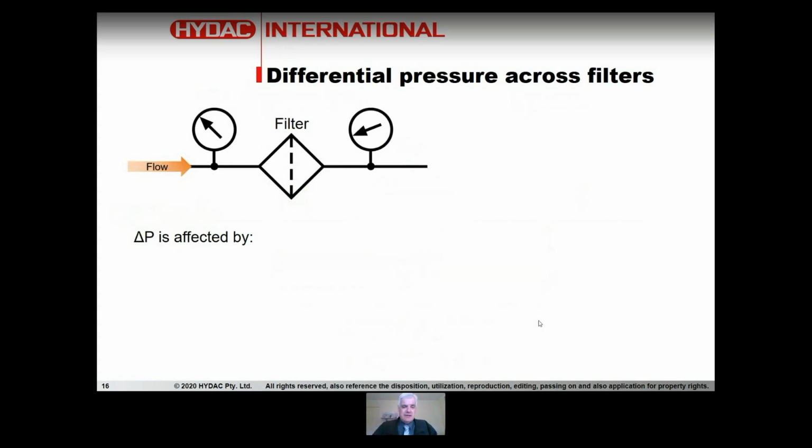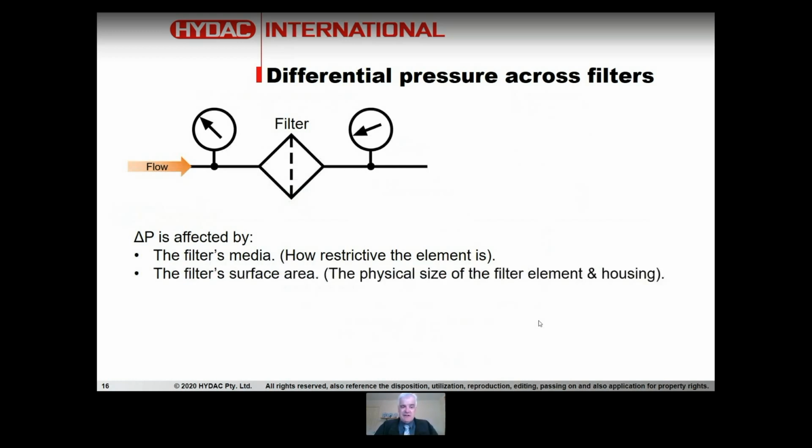So delta P, or pressure drop, is affected by the filter's media, so how restrictive the element is. A finer filter will have a higher differential pressure. The filter's surface area, the physical size of the filter element and the housing: the larger the filter, the lower the differential pressure will be. The fluid's flow rate has a very clear effect on what the differential pressure will be.